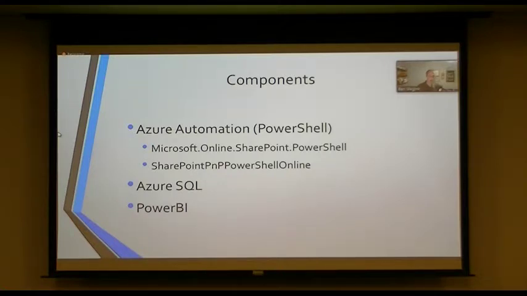So for this custom report solution, I've used these a lot, even beyond custom reporting. The first thing is Azure Automation. At a very simple level, it is PowerShell in the cloud. It's a way to run PowerShell without having to stand up a VM and run all this PowerShell on a VM.